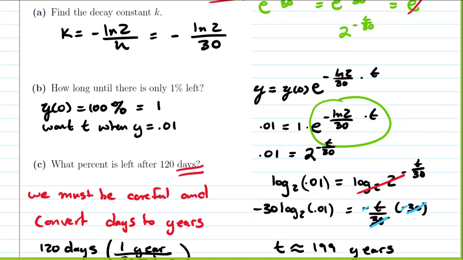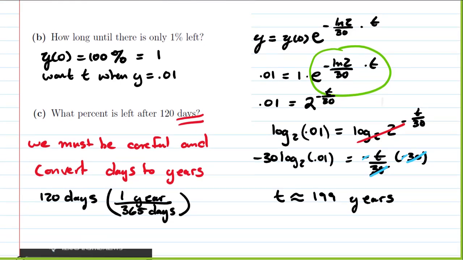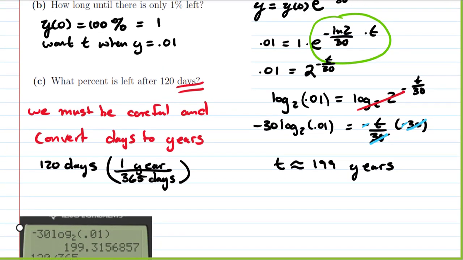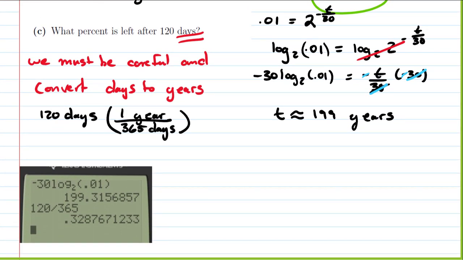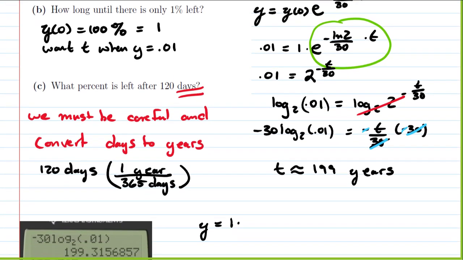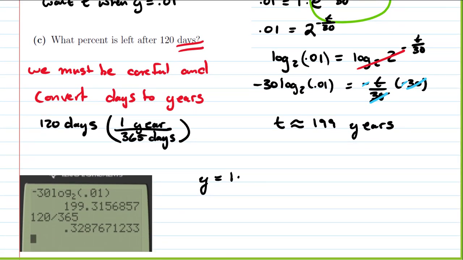So our equation is y equals 1, because that's our 100%, and after we simplified, we didn't have the e anymore. We had 2 raised to the negative t over 30.